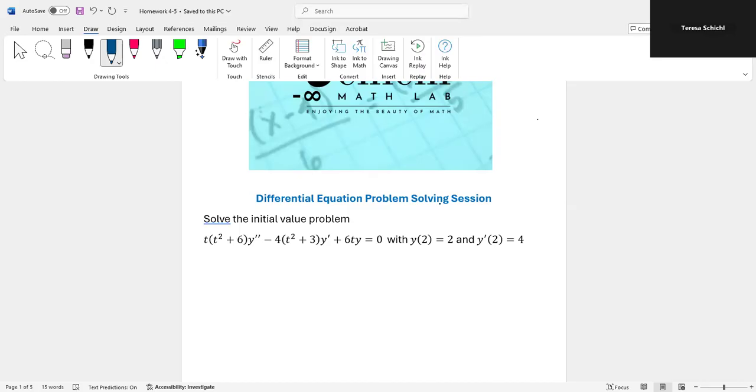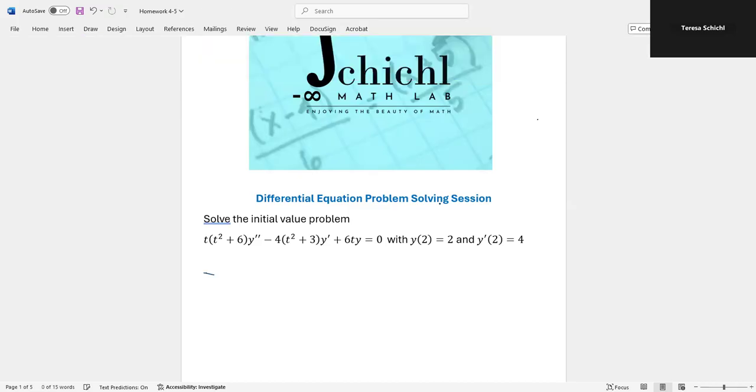For this problem, I plan to use two videos to go over it. Why do I need two videos? In the first video, I'm going to choose y1 equal to t to the r power.